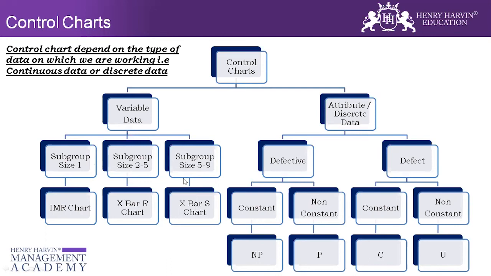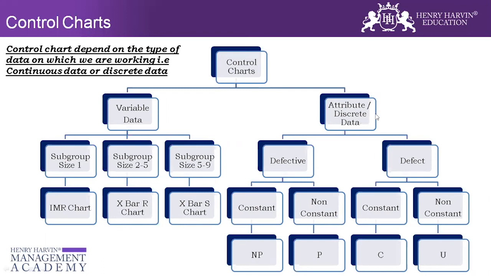So these are the control charts that we are going to use for continuous data. We are going to do a Minitab demonstration in a while, but for now just remember that these are the different types of control charts that we use for continuous data: IMR, X bar R, and X bar S. We'll talk about what R and S are when we do the Minitab demonstration.